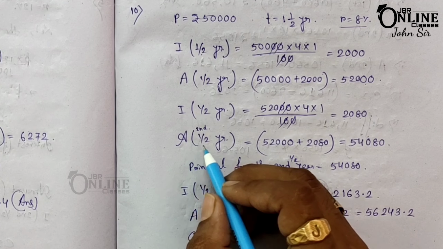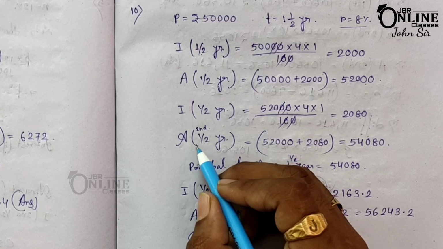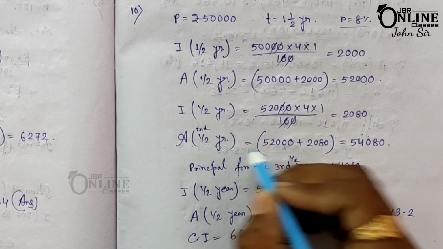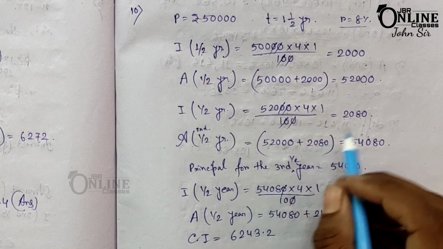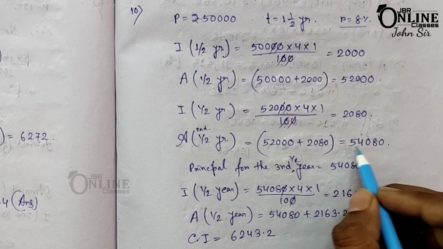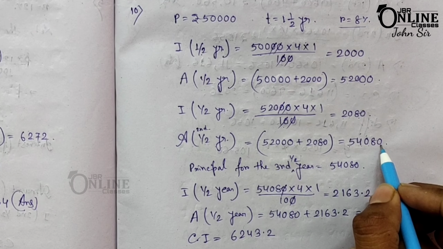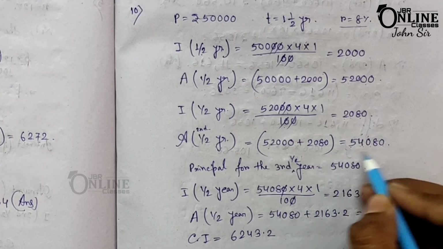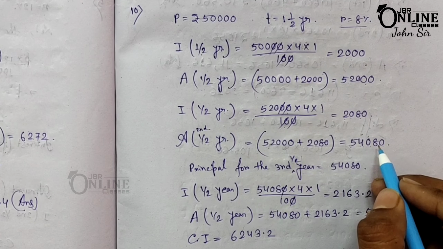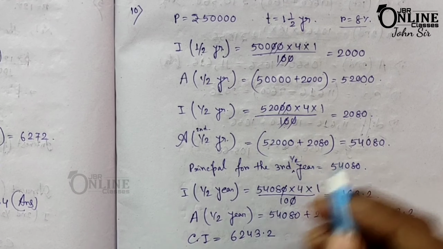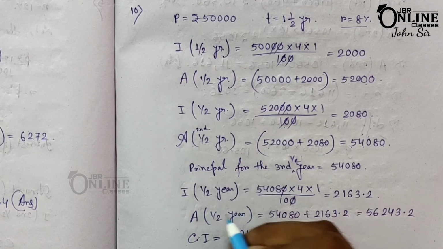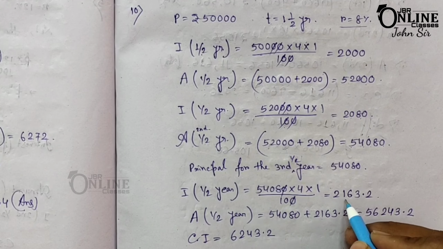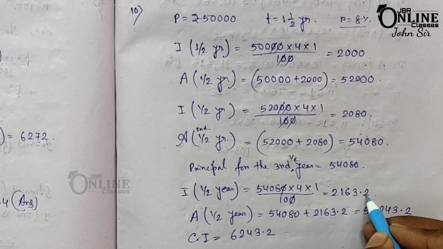So amount after second half year equals 52,000 plus 2080, that is 54080. Okay, now this is the principal for the third half year. So interest for the last half year equals 2163.2.